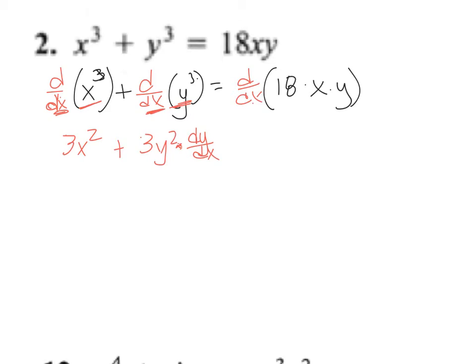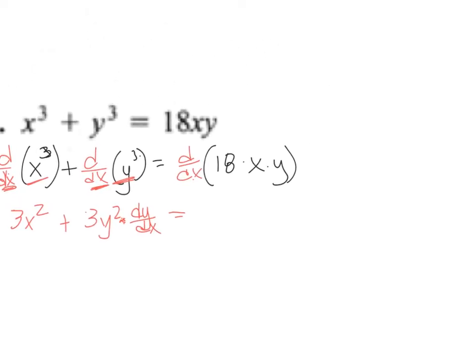Now, over here we've got a different thing going on. What I want you to notice is that I have 2 functions. I have 18x, and then I have a y, and I'm multiplying in between those. I'm going to call this my u, and this my v. So u is equal to 18x, not negative x.